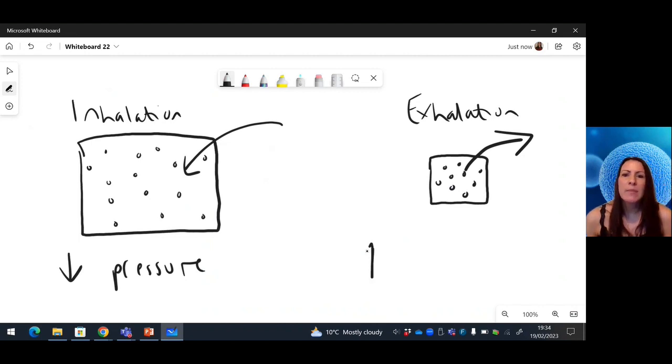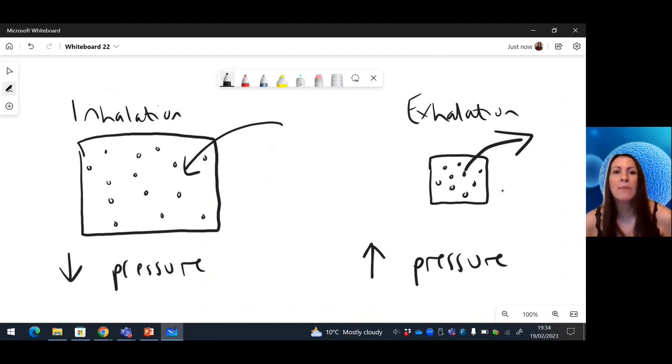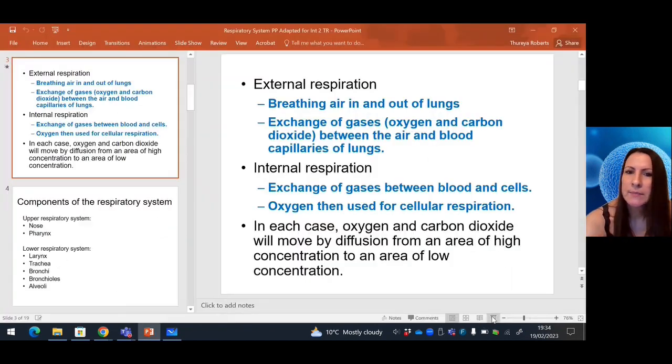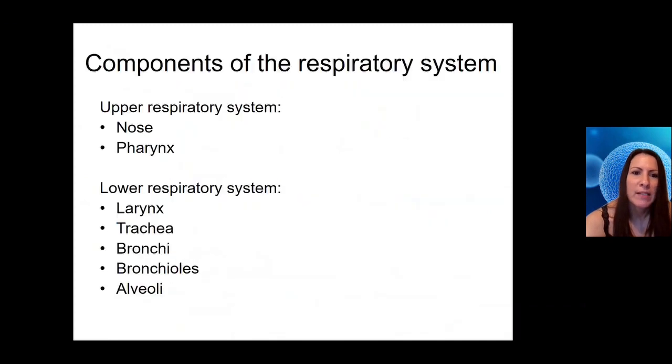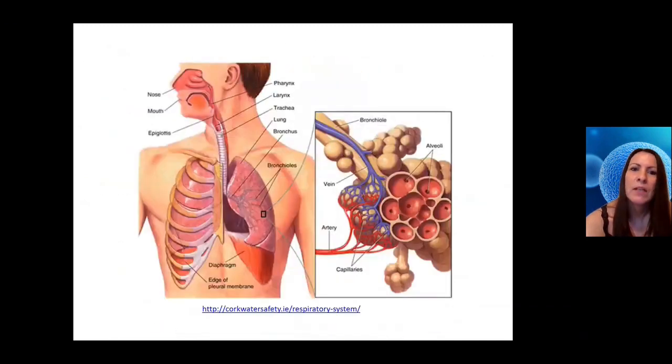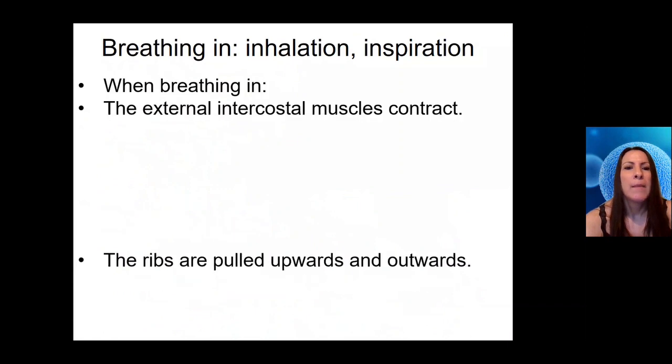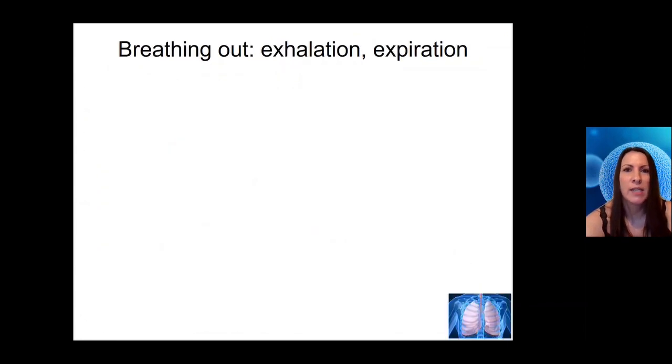So we're increasing the pressure when we exhale, and air wants to move outside to equalize the pressure with the atmosphere, and vice versa for inhalation. So let's just go back to where we were. So that was inhalation, inspiration.